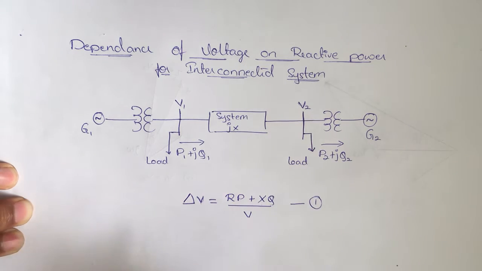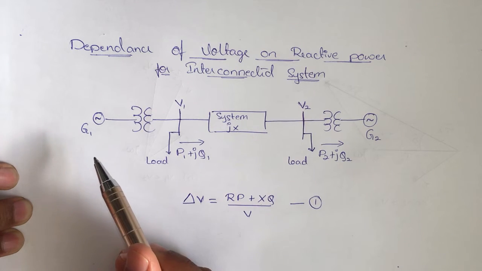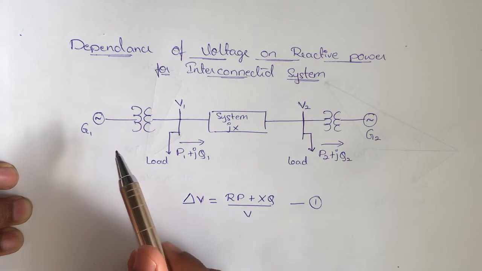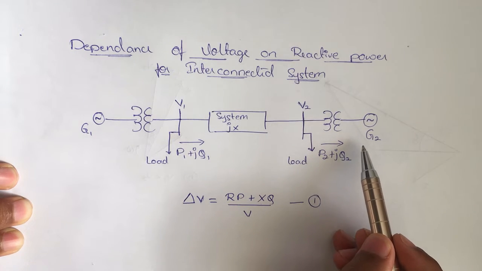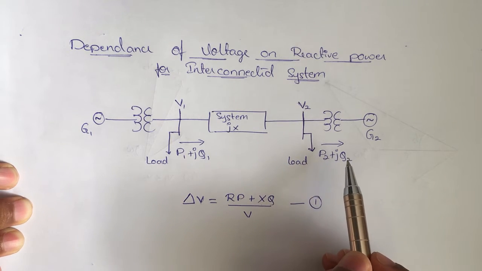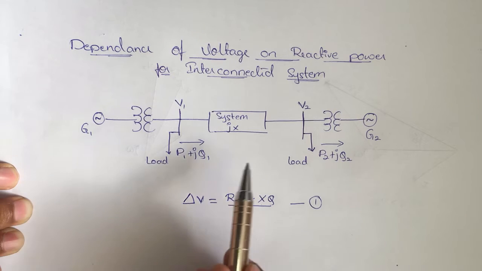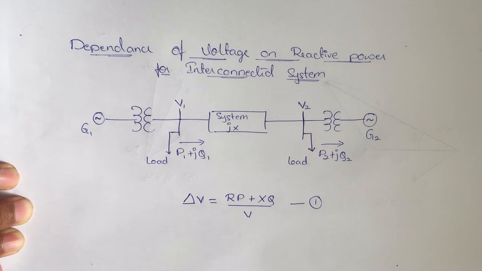For the time being, let us assume the phase angle of G1 is ahead of G2, which means V1 is greater than V2. The voltage V1 is greater than V2.